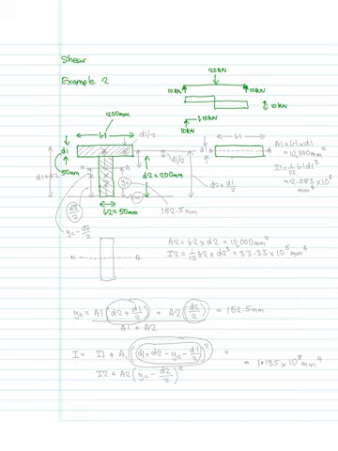So if that was a section of B1 and D1, and if it was bending around its own neutral axis, then we would say, well, we could work out the area A1 is going to be equal to B1 times D1, and that is going to come out as 10,000 millimeters squared.